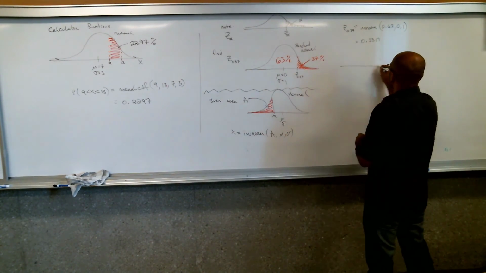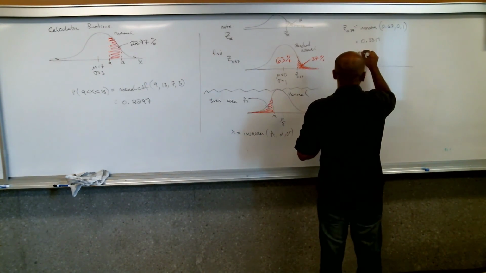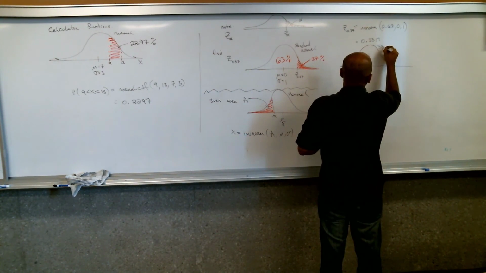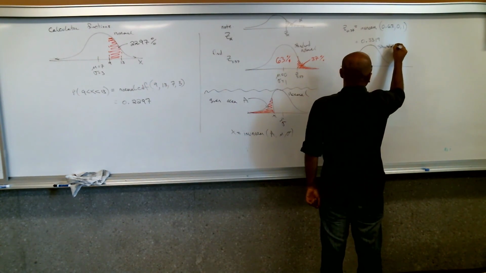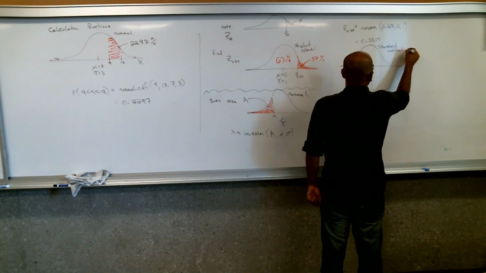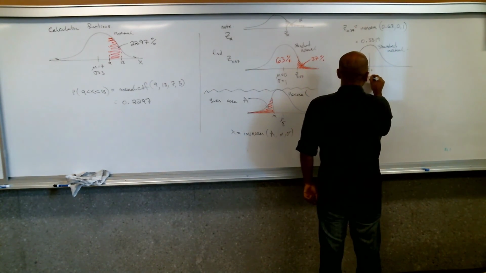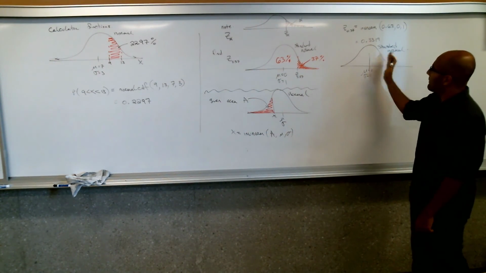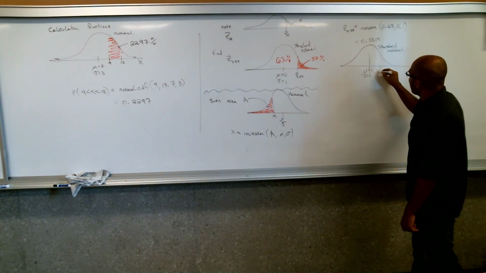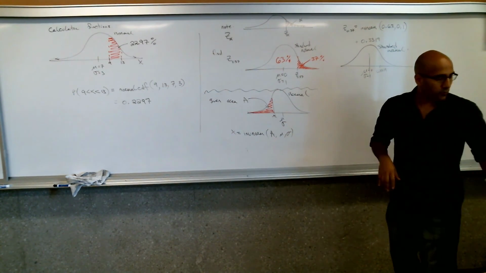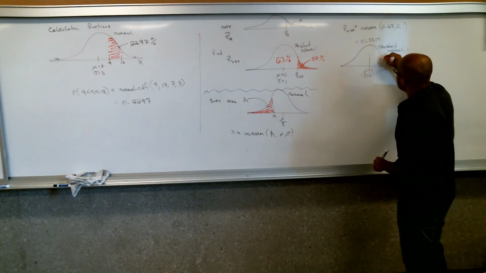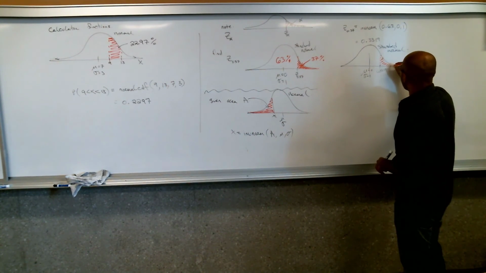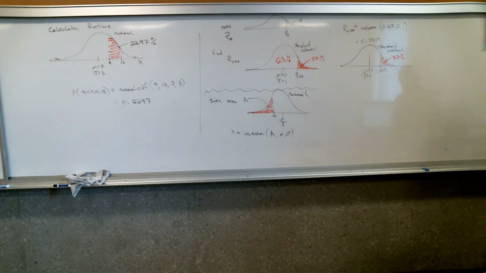So this indicates that if we have a standard normal distribution with mu equal to 0 and sigma equal to 1, centered right at 0, then the value that traps the lowest 63% is 0.3319. That'll be the number that separates the lowest 63% from the top 37%. Any questions?